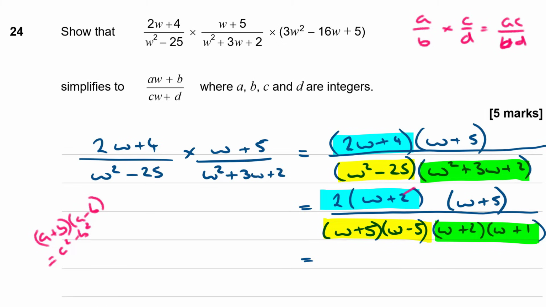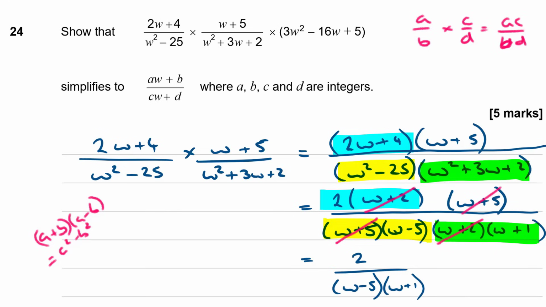So I've got a w plus 2 there, which I can cancel with that w plus 2. And I've got a w plus 5 there that cancels with that w plus 5. So they all disappear. So that leaves me with 2 over w minus 5 times w plus 1.